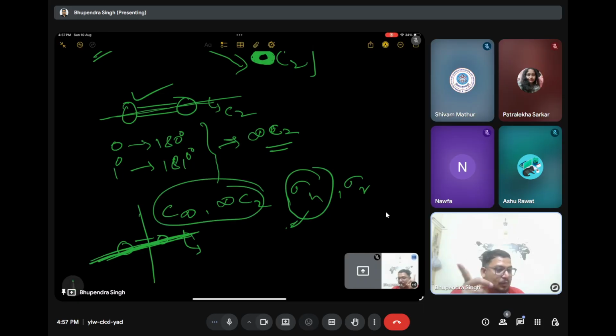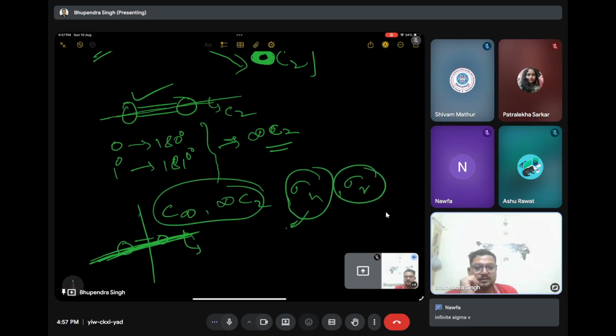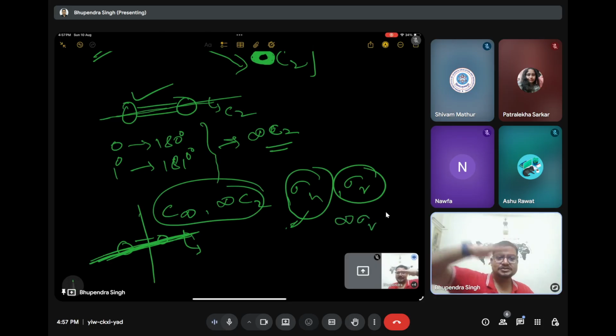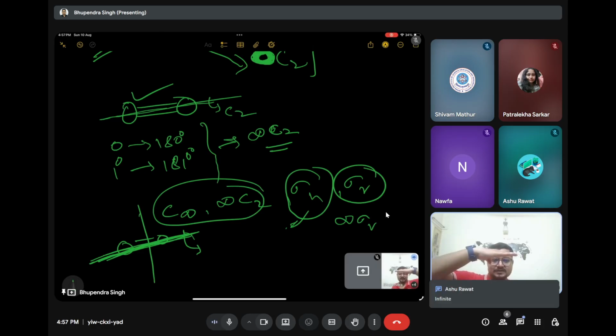Now tell me how many sigma v's are present. Infinite number of sigma v's. If you consider the plane at 0 degree, this is your molecule, OO, and the plane is cutting the molecule. At 0 degree, sigma v is present.